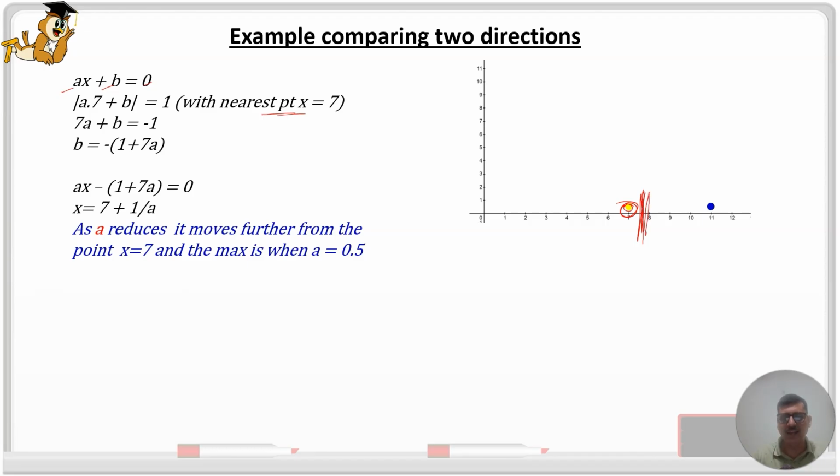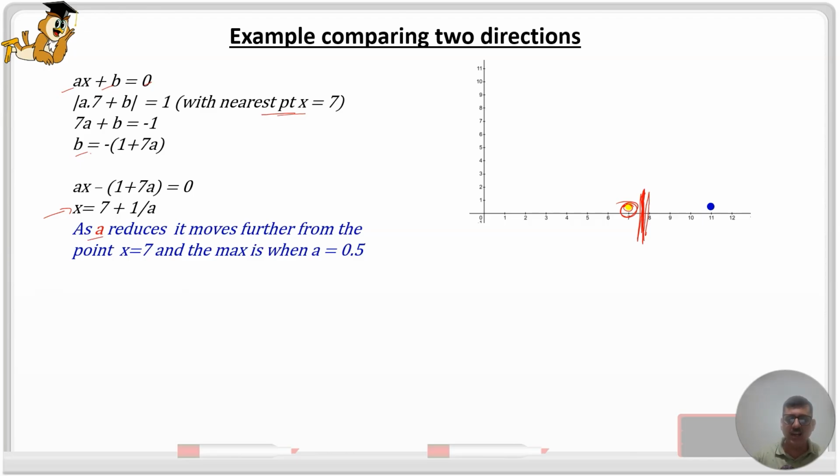So this is going to be minus. And I evaluate for b, I get b equal to minus 1 plus 7a. I plug the value of b back into the equation, I get ax minus 1 plus 7a equal to 0, which means that x equal to 7 plus 1 over a. So the equation of this hyperplane is x equal to 7 plus 1 over a.